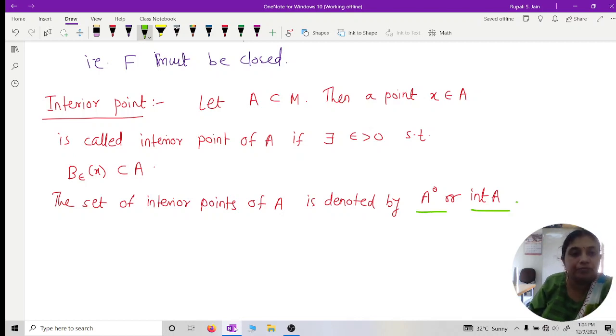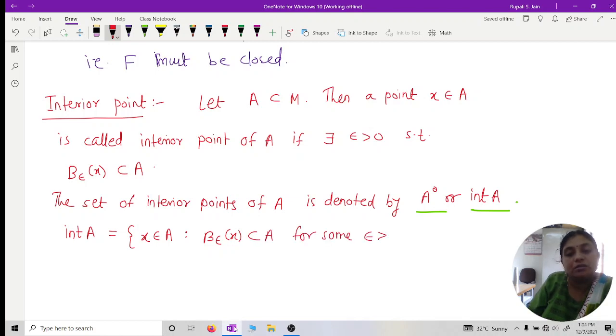In fact, interior of A is nothing but the set of all x in A such that B epsilon of x is contained in A for some epsilon greater than 0, meaning x is an interior point.